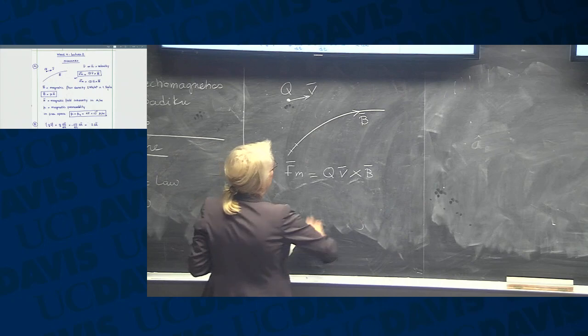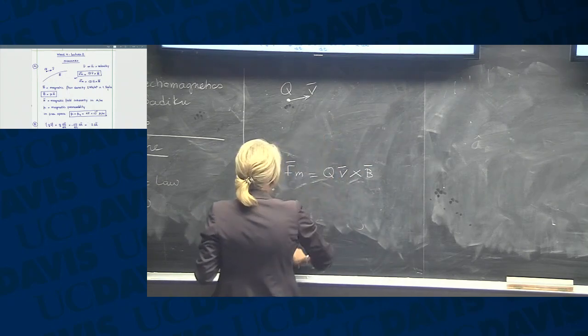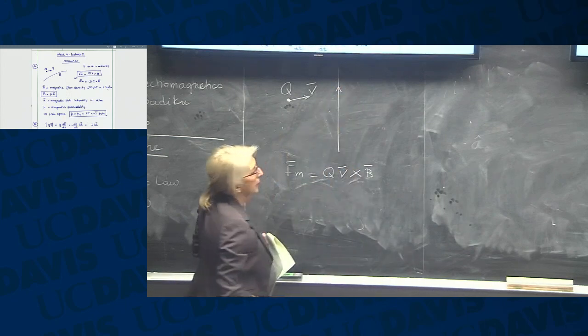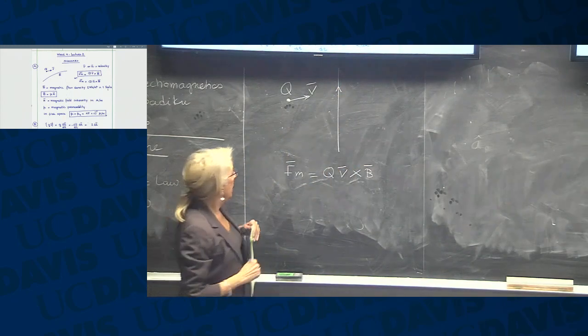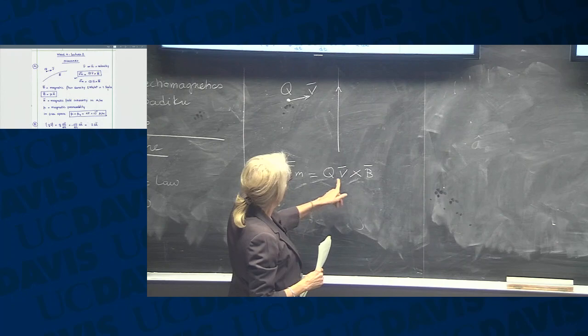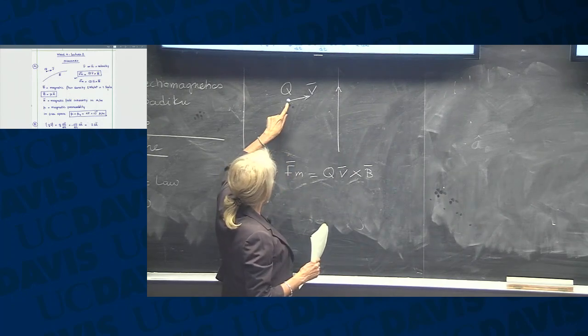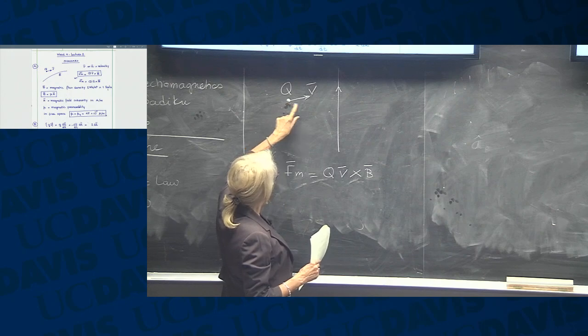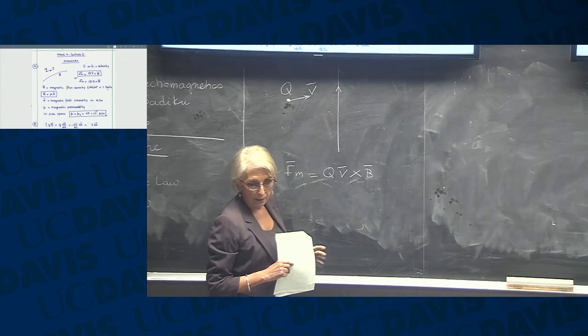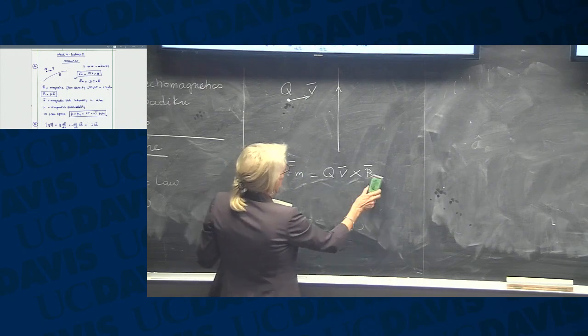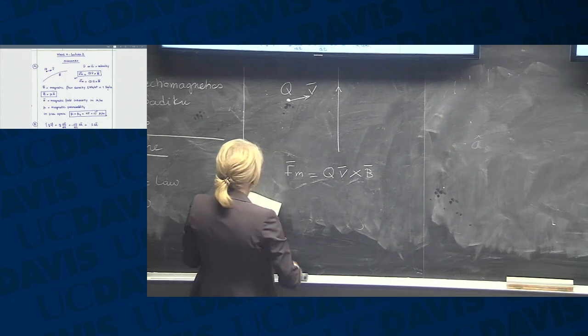But if the B field is uniform, in that case you can easily use this formula and find, at this moment when the charge is here, this distance from the B field, what will be the force that applies to it. So that was the fundamental equation.